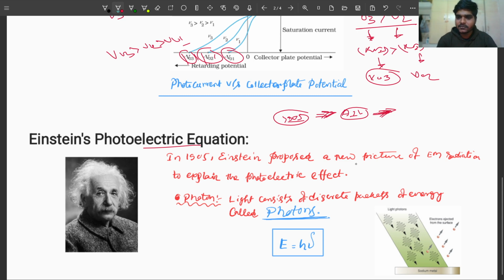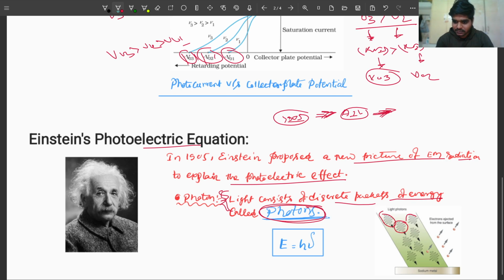So Einstein came with a new picture of EM radiation to explain it. He said that light or radiation consists of discrete packets of energy, and that is called a photon. So this is one photon, this is one photon, this is one photon, and each of these photons has an energy E equal to h nu, where h is the Planck constant and nu is the frequency of the light.